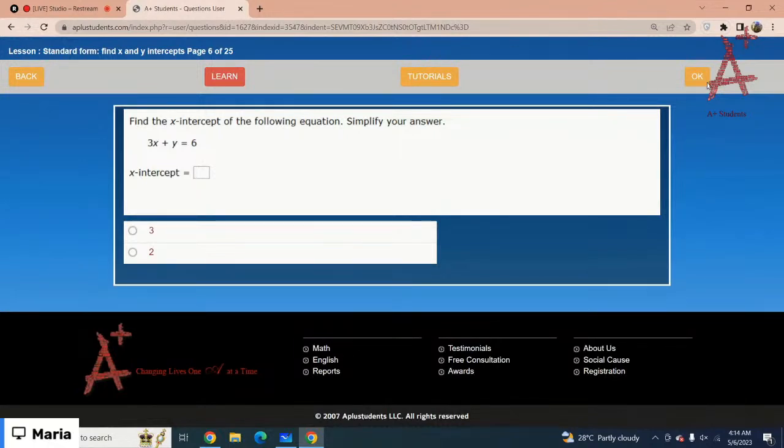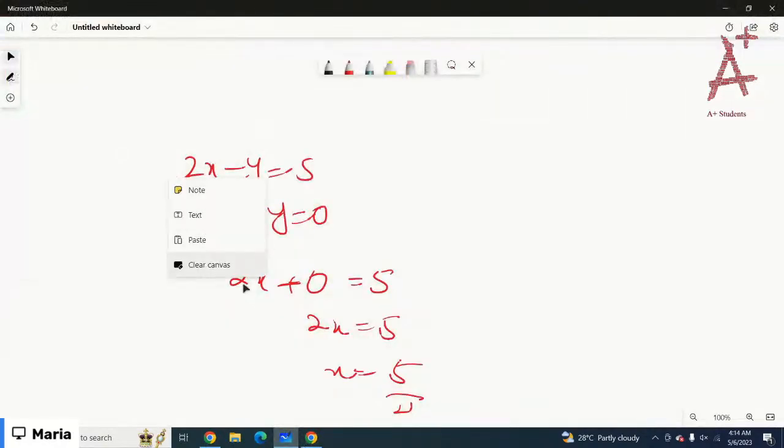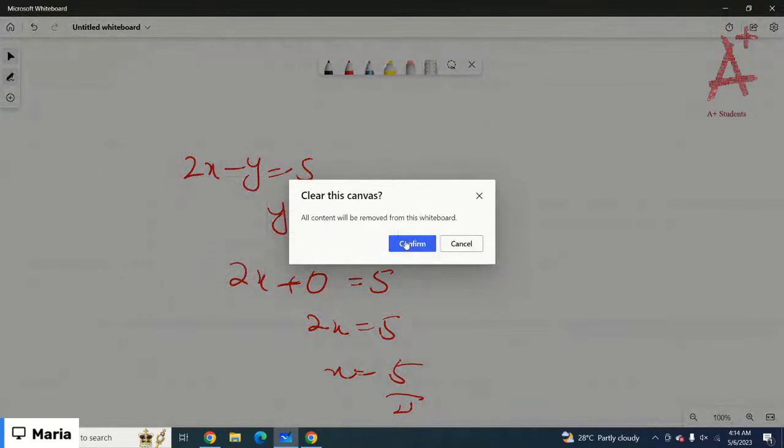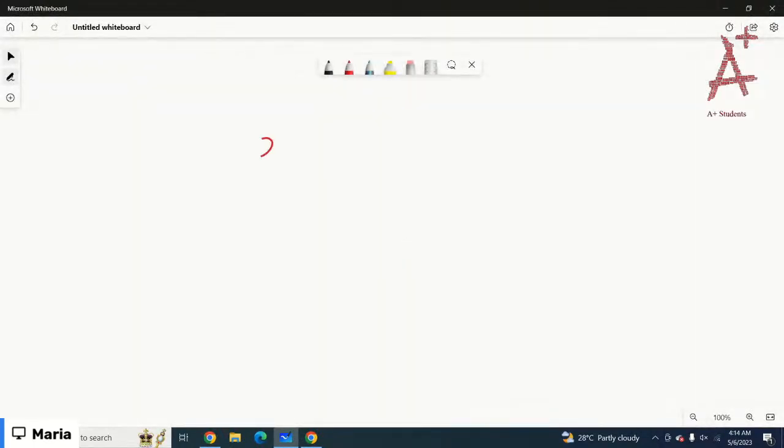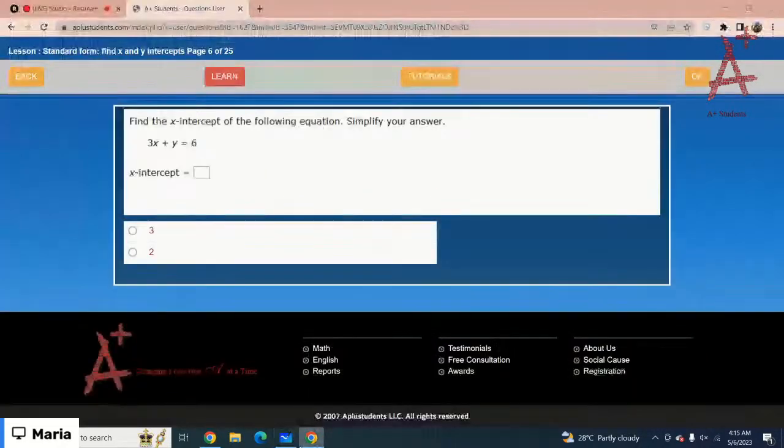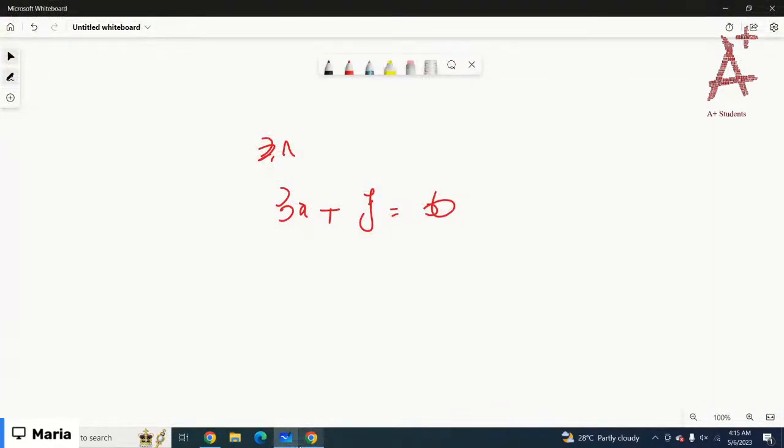Okay, the next one is 3x plus y equals 6. You have to calculate the x-intercept. Just put y equals 0.